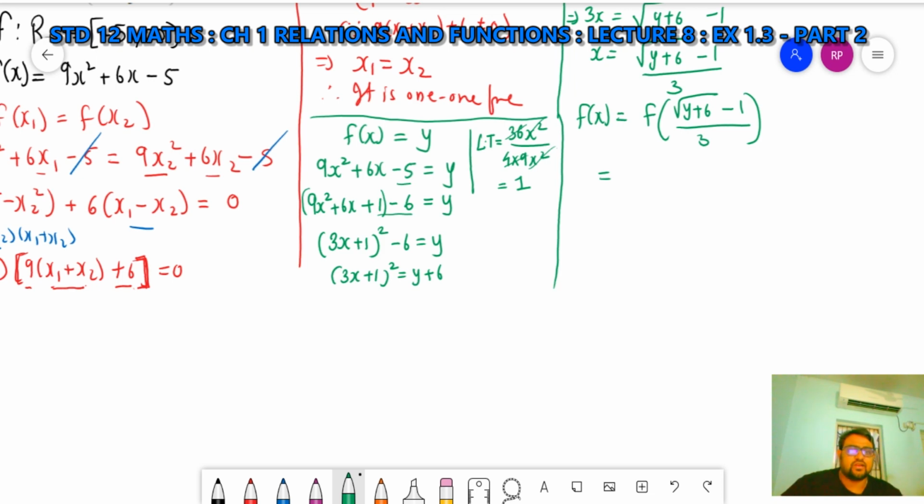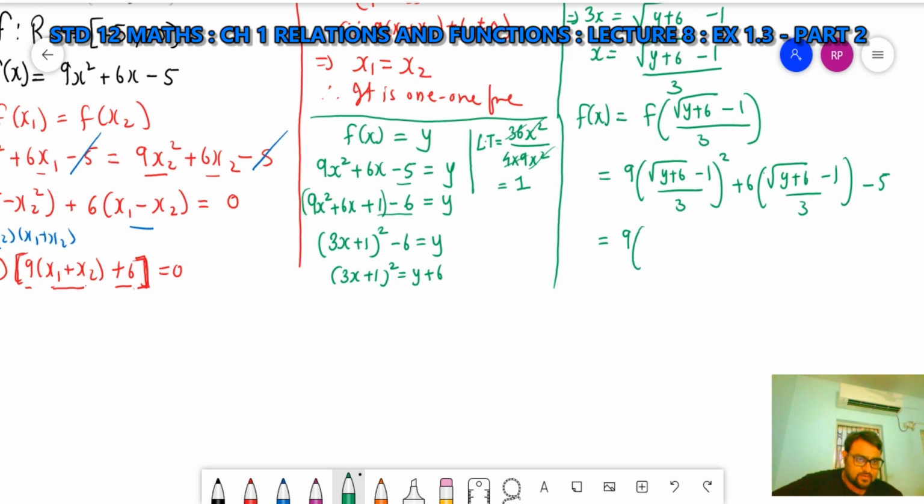It is 9x square, so 9 into square root of y plus 6 minus 1 by 3 whole square, plus 6 into square root of y plus 6 minus 1 by 3, minus 5. Here, so this will be equal to 9 into square root of y plus 6 minus 1 whole square, below it will be 9.